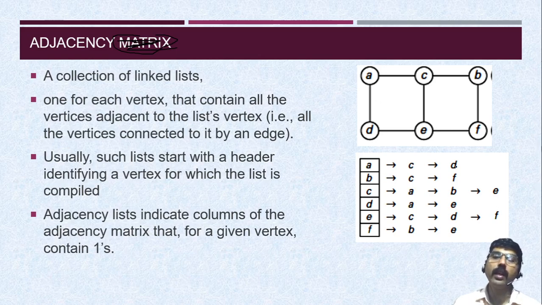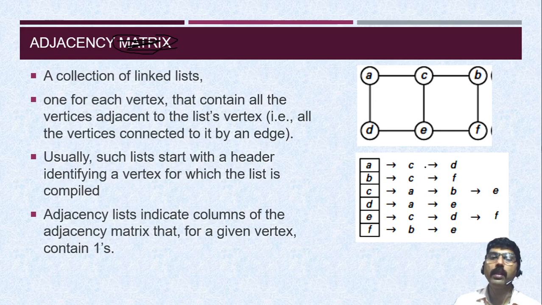Each linked list here represents one vertex. For example, see, this linked list actually represents A. This is a special type of linked list which has a header part. The header part indicates the vertex. The remaining elements in the linked list represent the adjacent nodes of the vertex.